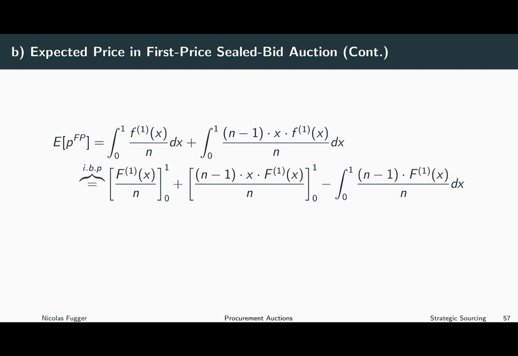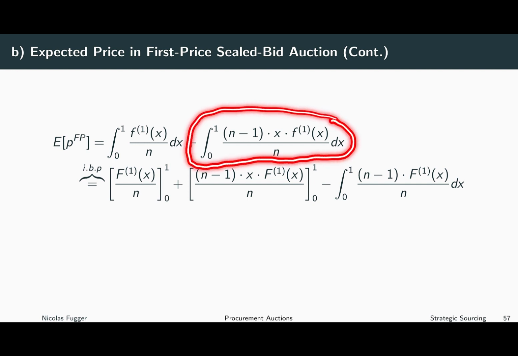Now we want to simplify this expression, and we start with this one by just taking the integral of f1 of x, and the integral is just capital F1 of x. And now we apply integration by parts to this second expression.